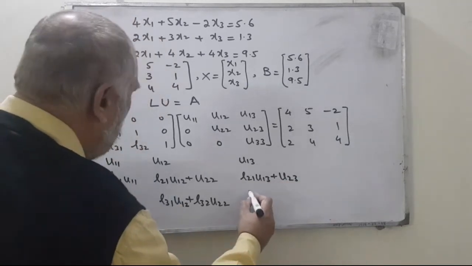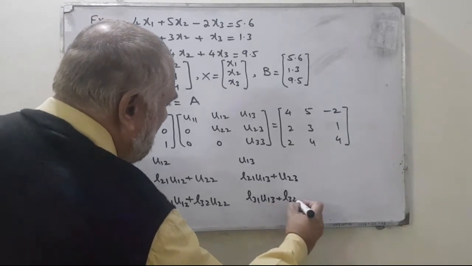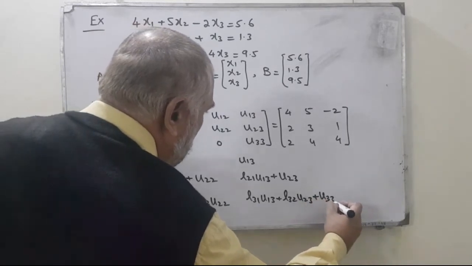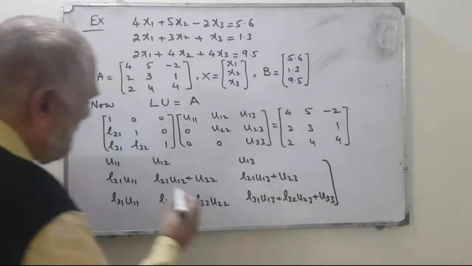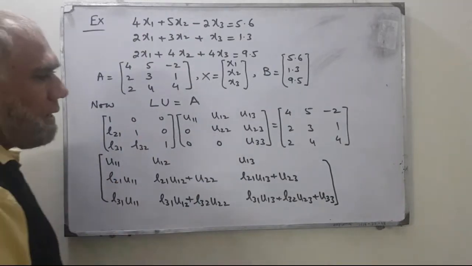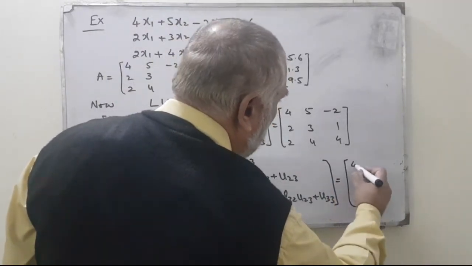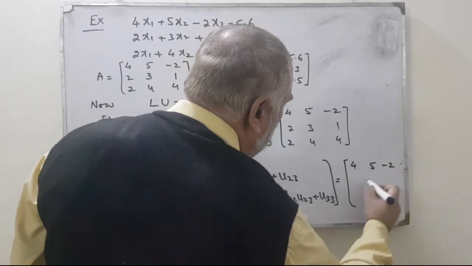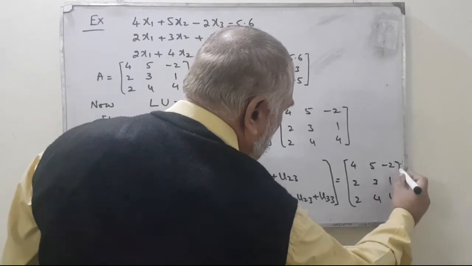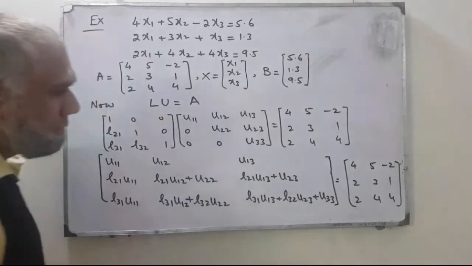The third one is L31 U13 plus L32 U23, and one more entry, U33. So this is the output after taking the product of these two matrices, and on the right side we have the coefficient matrix A containing elements 4, 5, -2, 2, 3, 1, and 2, 4, 4. This is the situation so far.